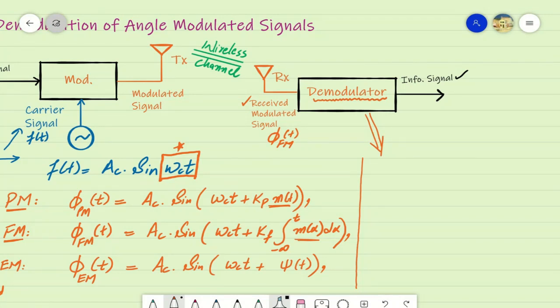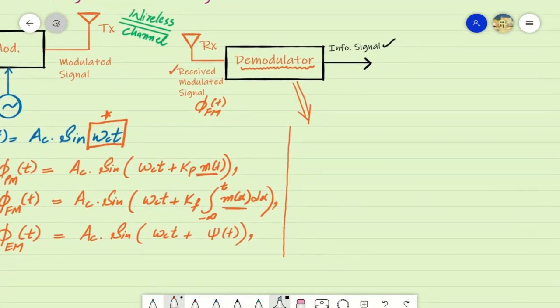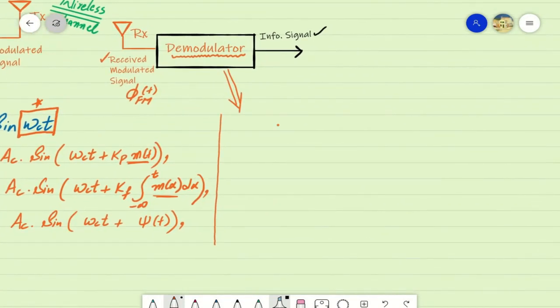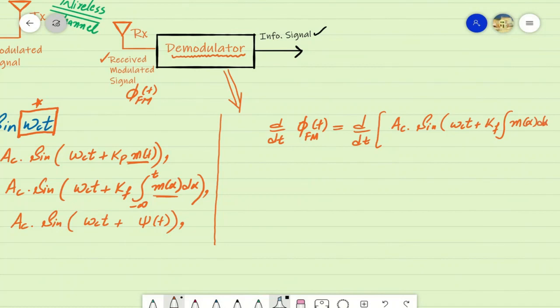A representation of such systems can be through the direct differentiation of the received signal, that is, passing the received signal through a differentiator. So as the first step of the demodulation, if we take the derivative of the received signal with respect to time, we can express it as follows.